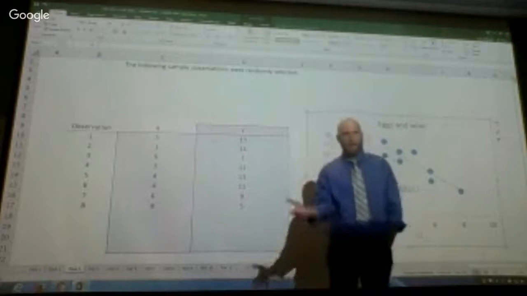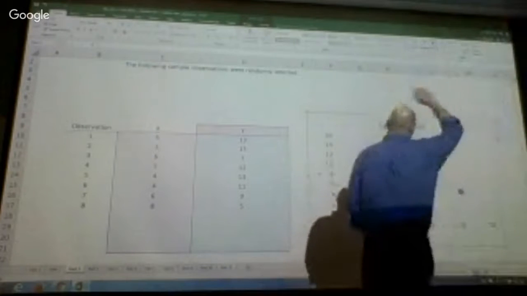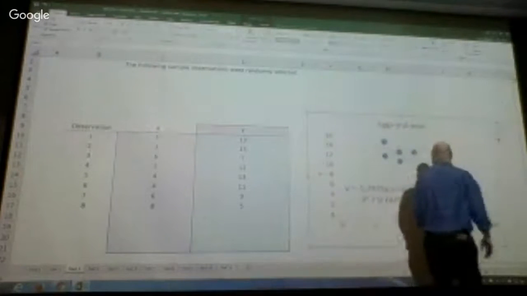It could be positive or it could be negative, but based on what we see, it's probably negative. If you take the square root of 0.79, you get a value of about negative 0.89. If there's a question about what's the correlation, you know it's negative because the line has a downward slope, so it's a negative relationship.